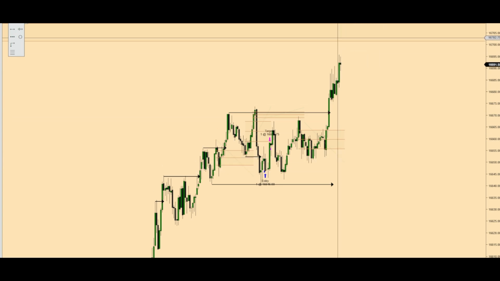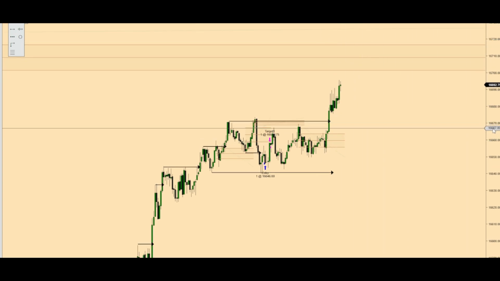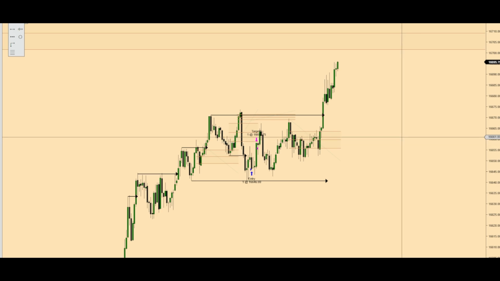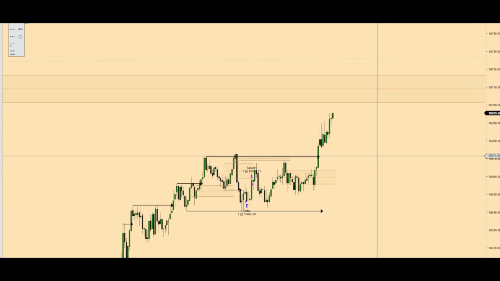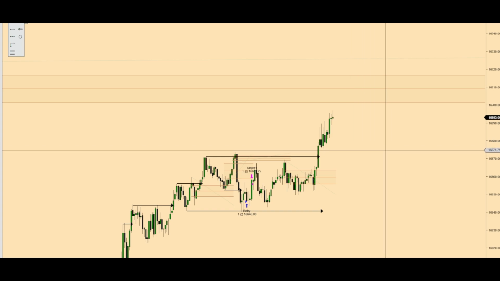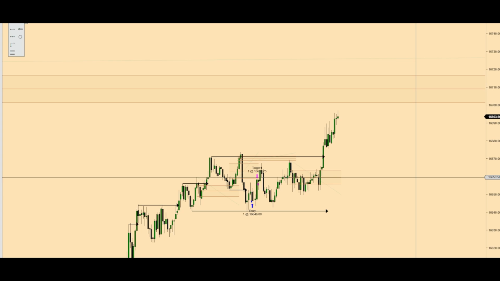And if we just go straight up, we'll see if we can recognize a proper reaction up here to take a short. Could also just fly through this zone, but I think we'll get a reaction. But I'll have to see it.